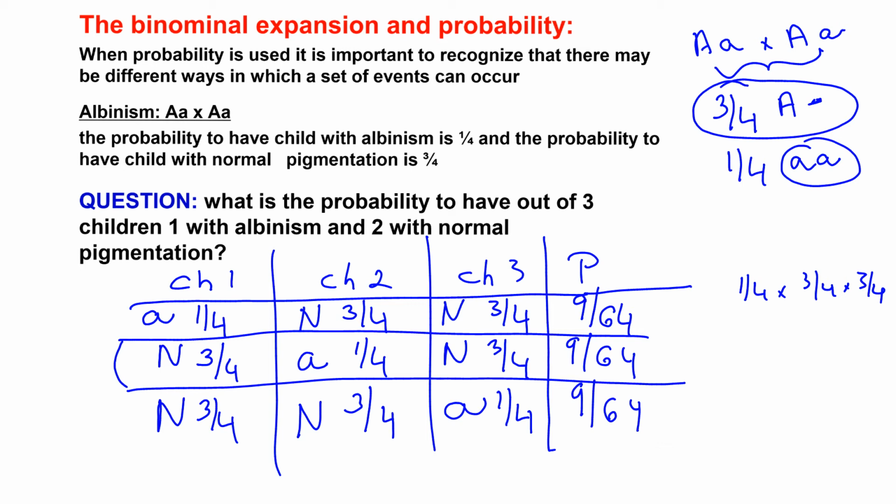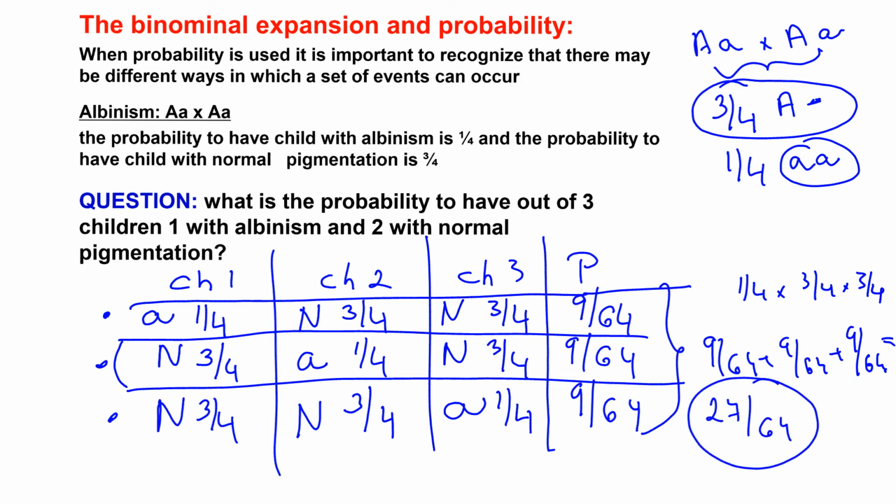So you use the addition rule: 9/64 plus 9/64 plus 9/64, which is 27 out of 64. So the probability to have one albino child out of 3 children is 27 out of 64.